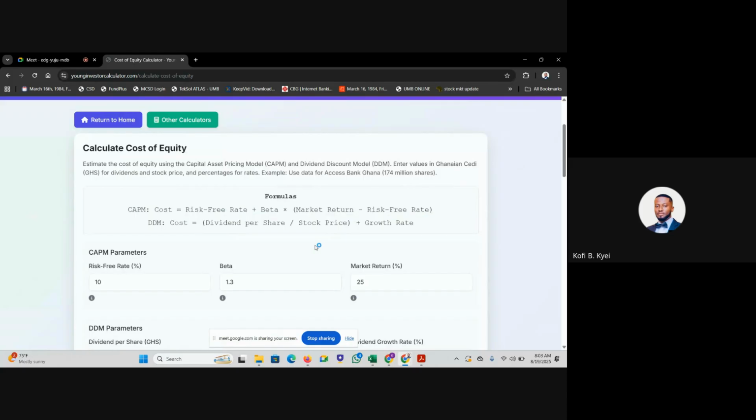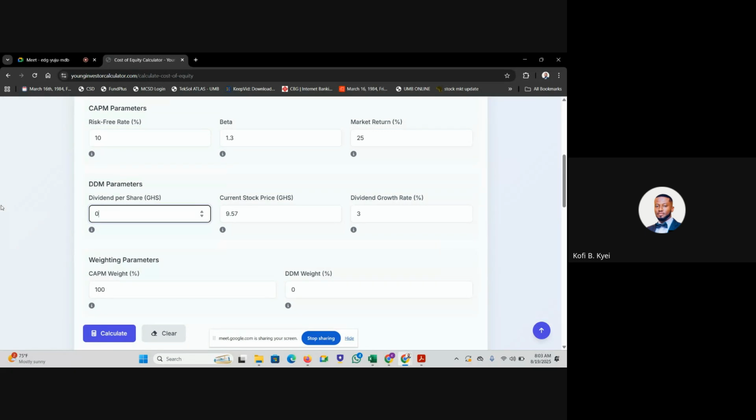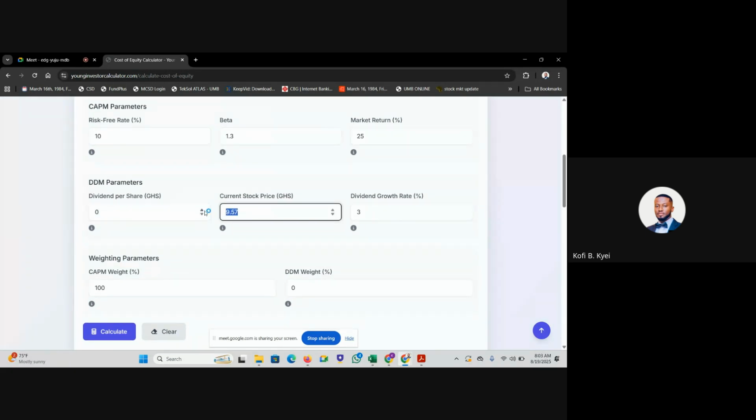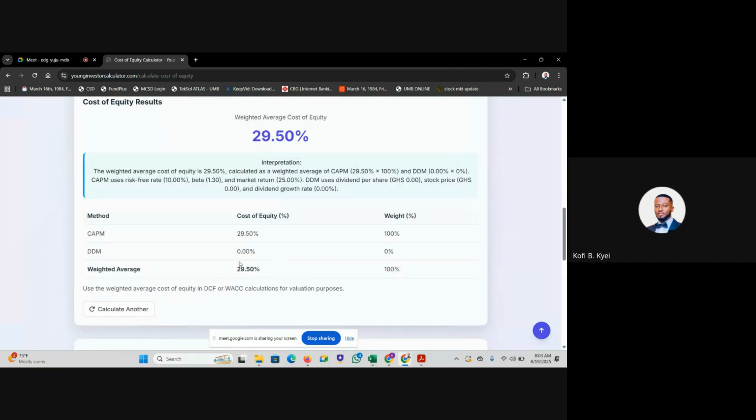This is the platform you can use to calculate your CAPM and DDM. For stocks that don't pay dividends, you just put 0 for these and leave the CAPM at 100. Then you see there's no figure for DDM.